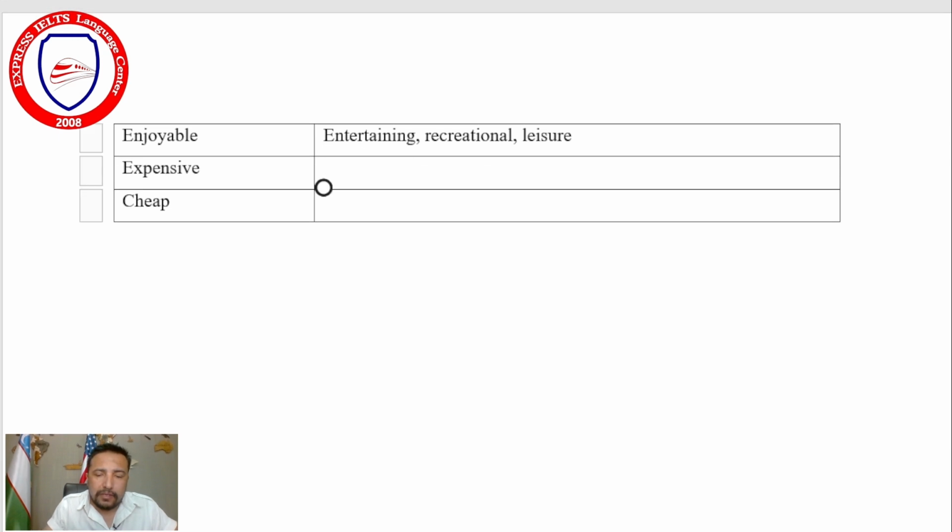Expensive synonym can be costly, it may be precious, it may be high cost. Cheap synonym is low cost and also inexpensive.